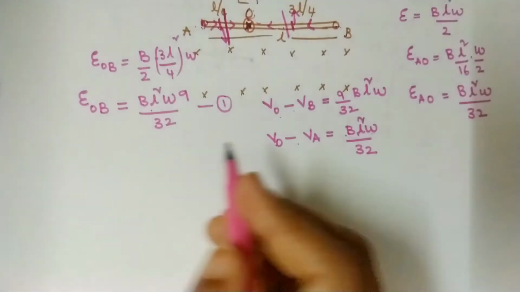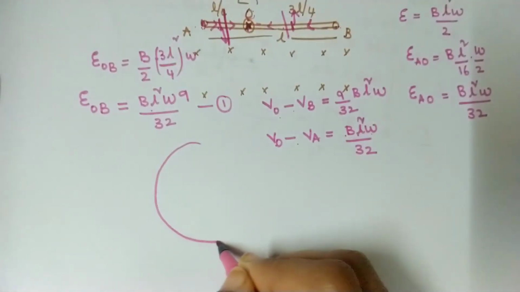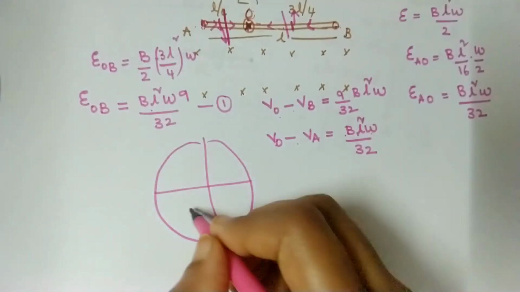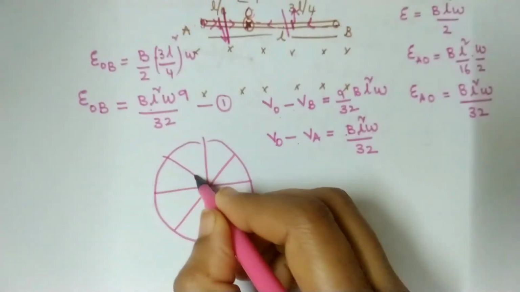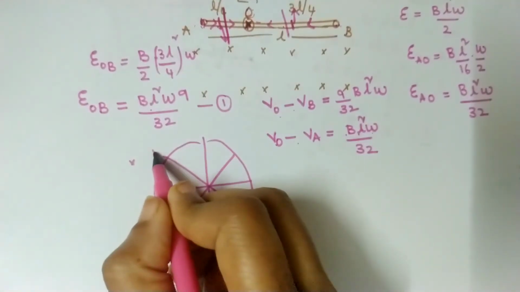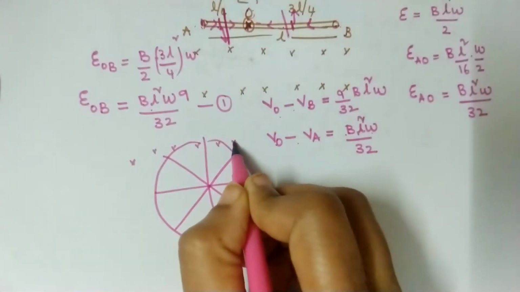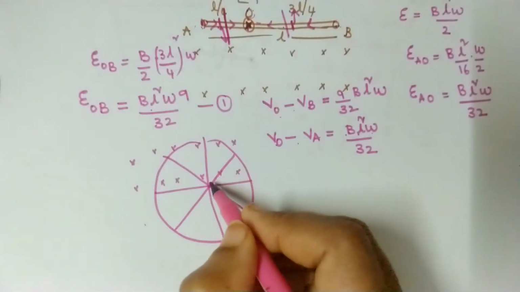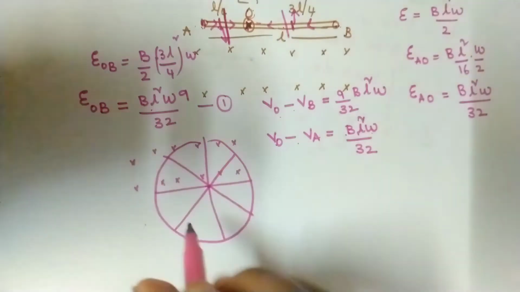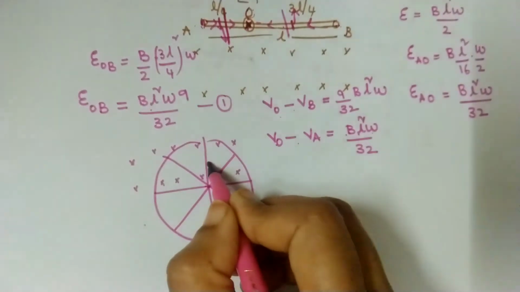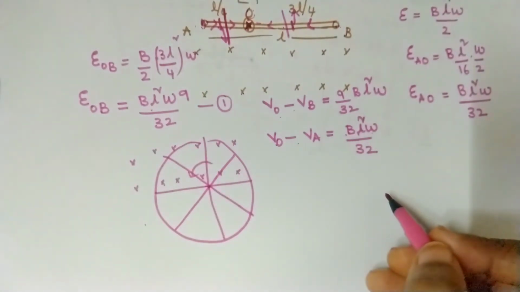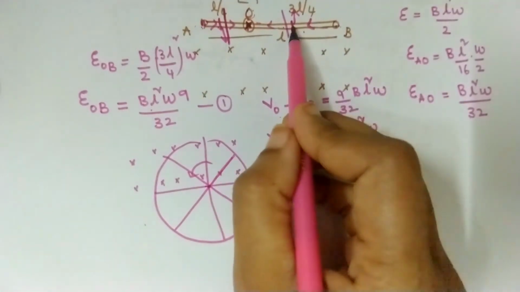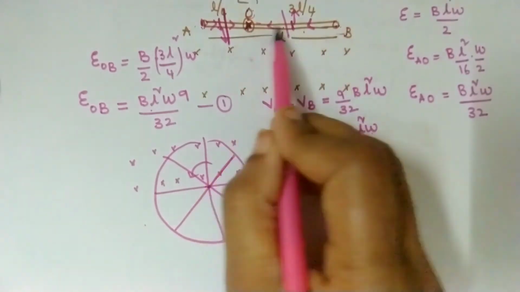Sometimes they give you different spokes of a cycle. If this is a circular rim of a cycle with a number of spokes in it, and all of them are in a perpendicular magnetic field and you are rotating the cycle, I'll take it as anti-clockwise rotation, then in each rod there will be induced EMF, just like the metal rod OB.